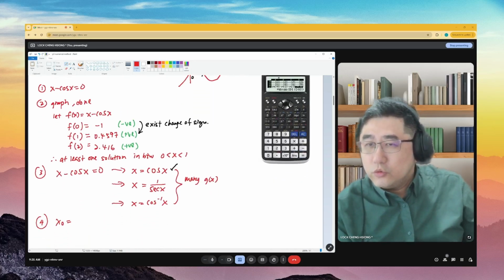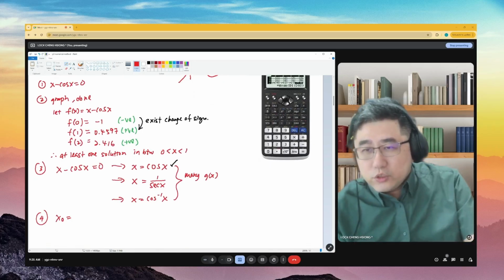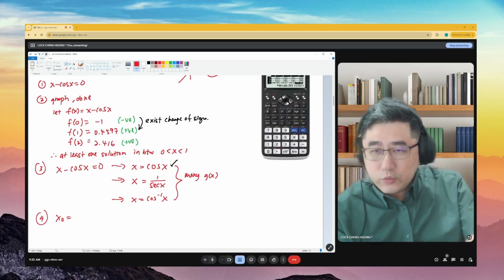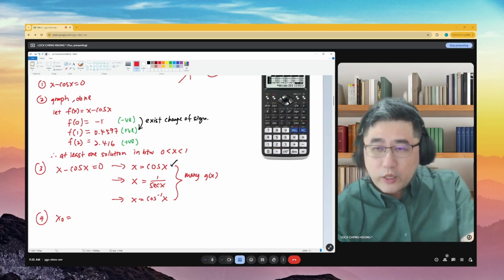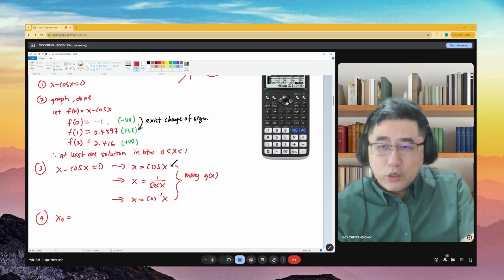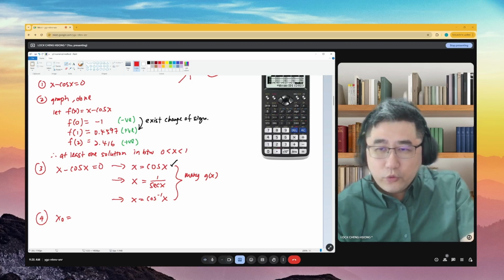Step 2 says that there is a change of sign between 0 and 1. I have a value of -1 and a value of 0.4597. So observe, between this -1 and 0.4597, which number is nearer to 0? Obviously 0.4597 is nearer to 0.